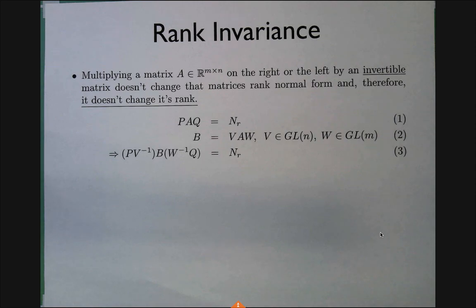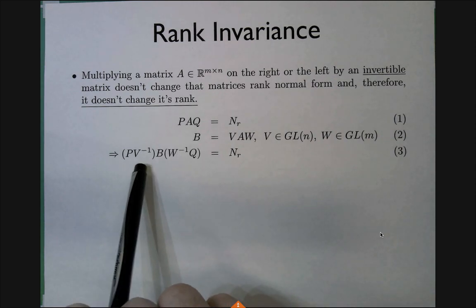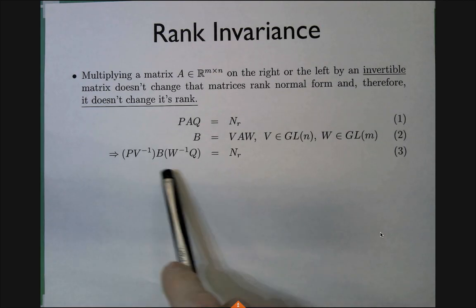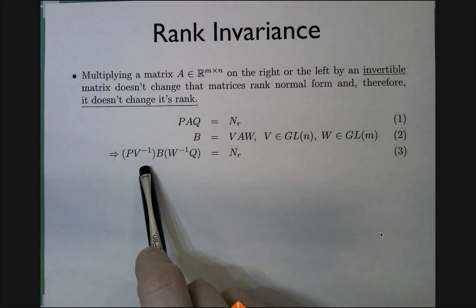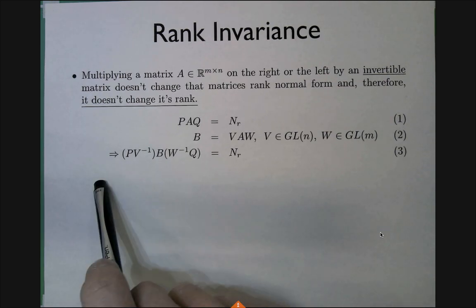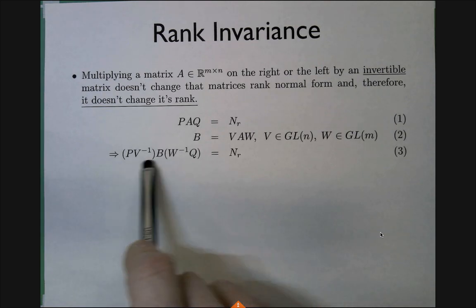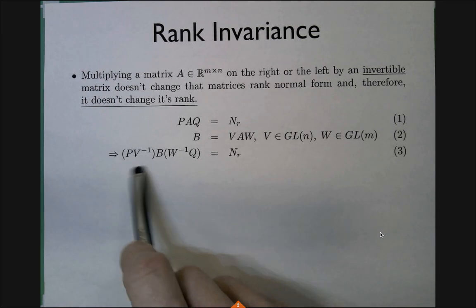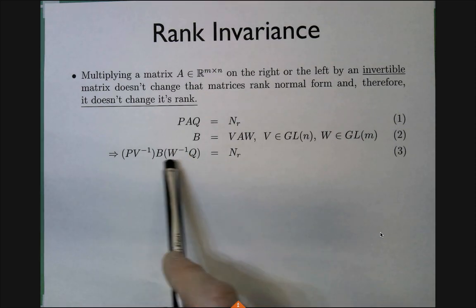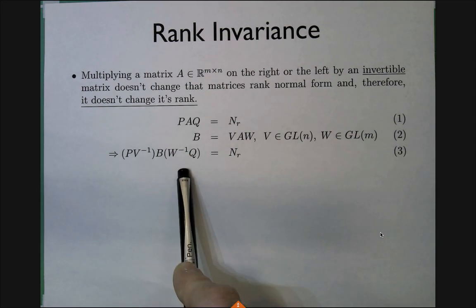I'm not going to write it in detail because I already did it a few times before, so I don't want to show you all the same stuff. And ultimately, you can write it like this. So again, P is just a concatenation of elementary row transformations. So this whole thing is just a chain of elementary row transformations, and here, a chain of elementary column transformations.